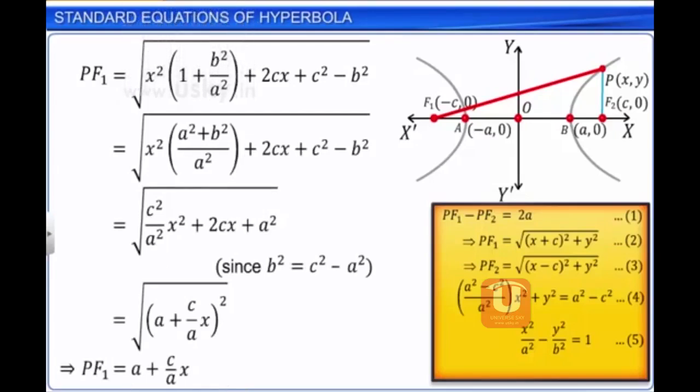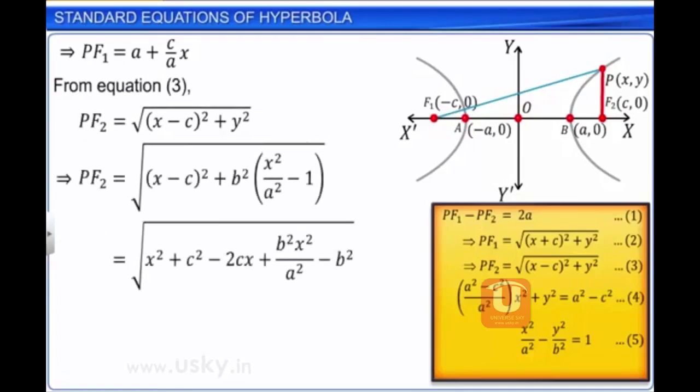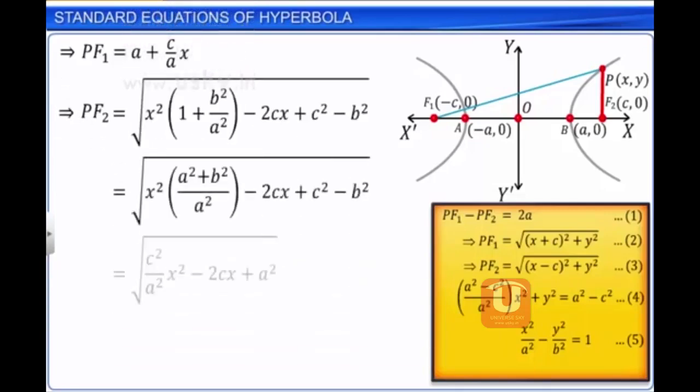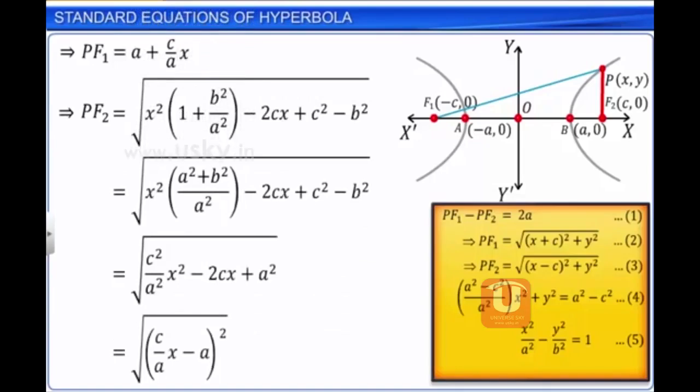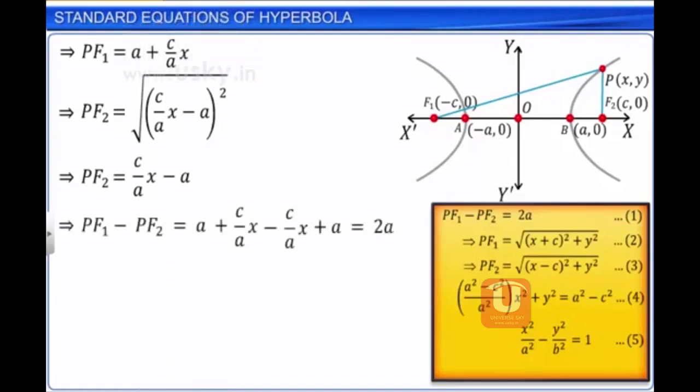Substituting the value of y square from equation 5 in equation 3 and simplifying, we get PF2 is equal to (c upon a) into x minus a. Substituting these values of PF1 and PF2 in equation 1, we see that the geometric condition is true. Thus, we can say that point P lies on the hyperbola represented by equation 5.